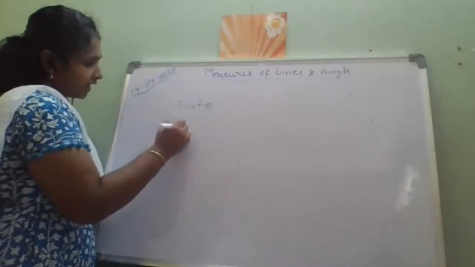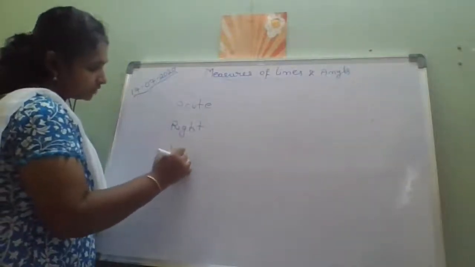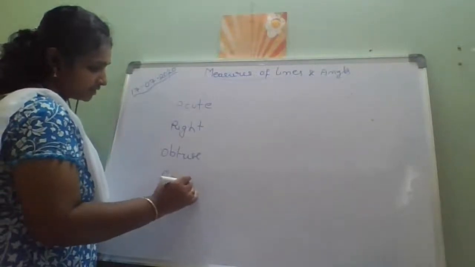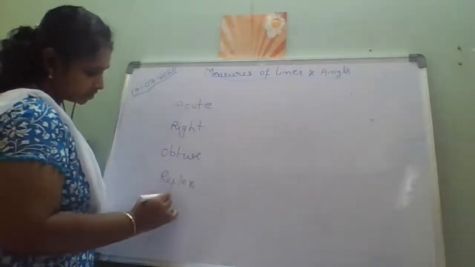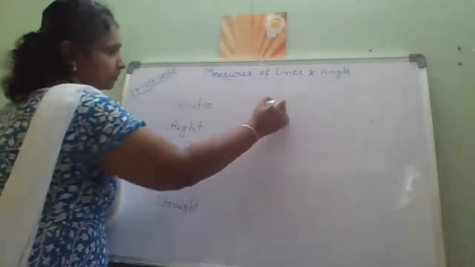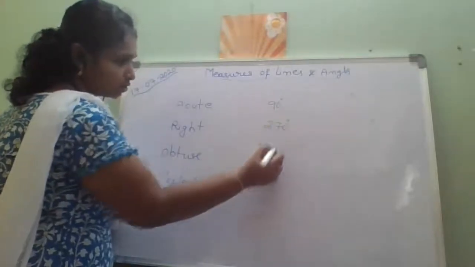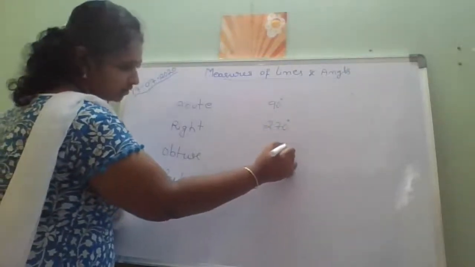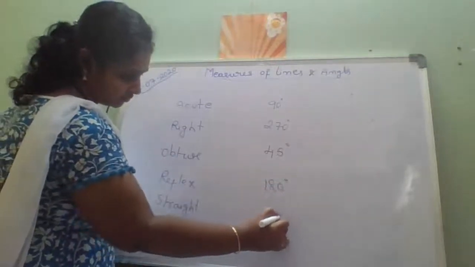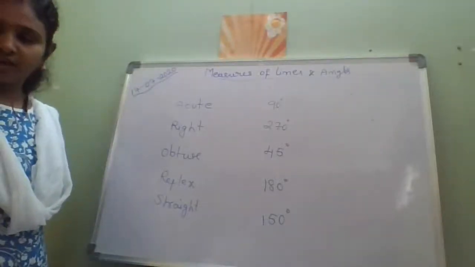Acute, right, obtuse, reflex, straight. 90 degrees, 270, 45.